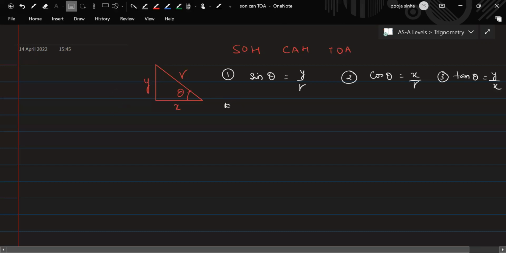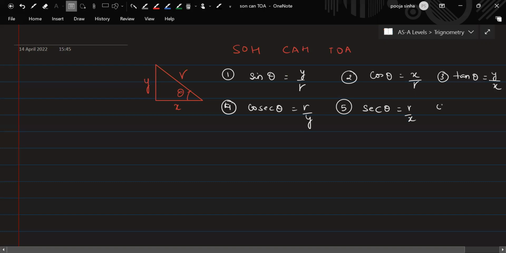Now, the fourth one, cosec theta. This cosec theta is a reciprocal of sine. If sine is y upon r, what should be cosec? R upon y. That's your fourth identity. Fifth one, sec theta, the reciprocal of cos, is r upon x.